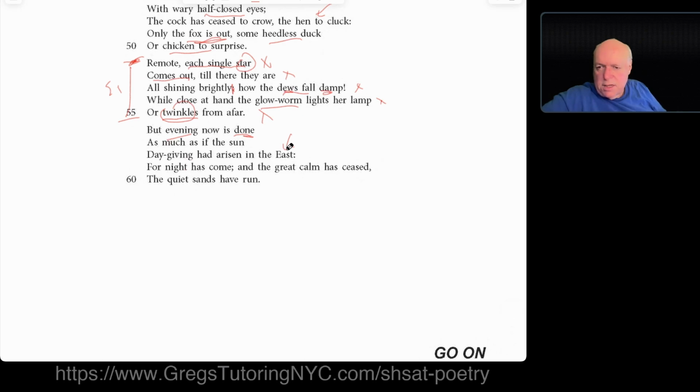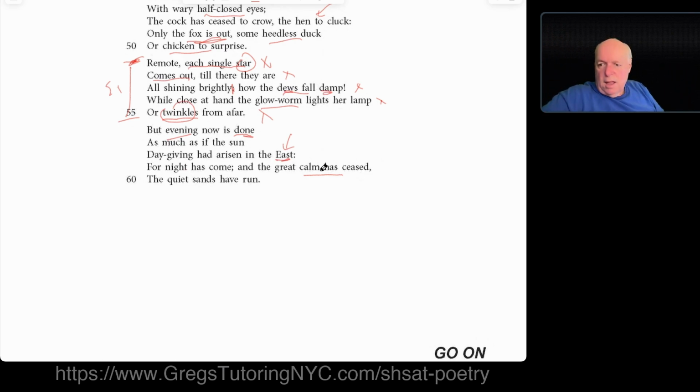So the sun rises in the east, so to speak, right? We know it's the revolution of the earth, but we can look and say, oh, it's coming up on the east side of where we are. For a night has come, and the great calm has ceased. Okay, so evening came. Everybody kind of got back home, if you will. All the animals, the flowers closed up, all these kinds of things, and everybody was sleeping.